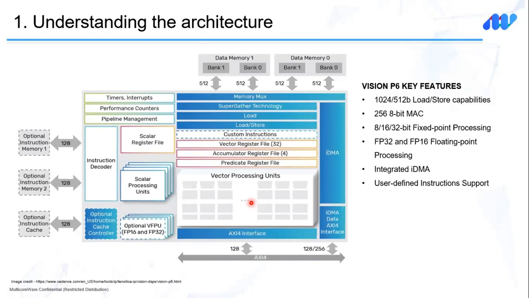This is just an example, but similar components may also be applicable for any target accelerator. Some of the important components in P6 are the VPUs, the vector processing units. Understanding the capabilities and functionalities of VPUs is important because they enable parallel processing and vectorization techniques, which can significantly enhance the algorithm performance.